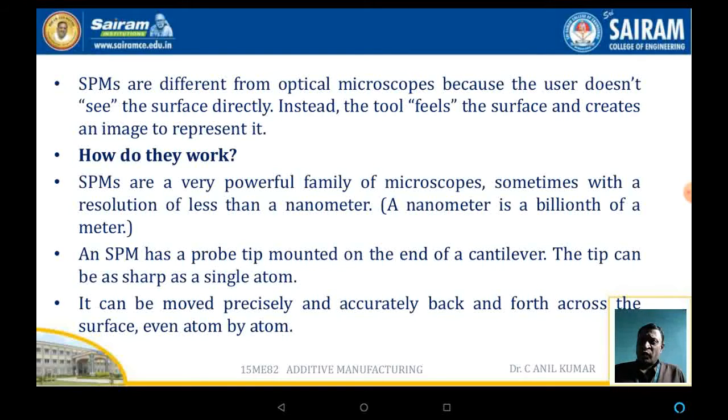SPMs are a powerful family of microscopic techniques, sometimes with a resolution of less than a nanometer. An SPM has a probe tip mounted on the end of a cantilever. The tip can be as sharp as a single atom, and it can be moved precisely back and forth on the surface of the atom.